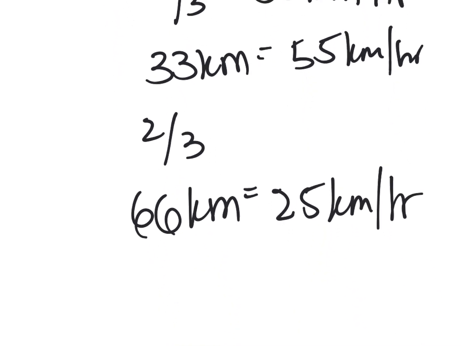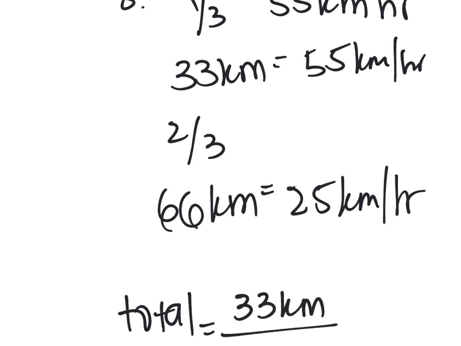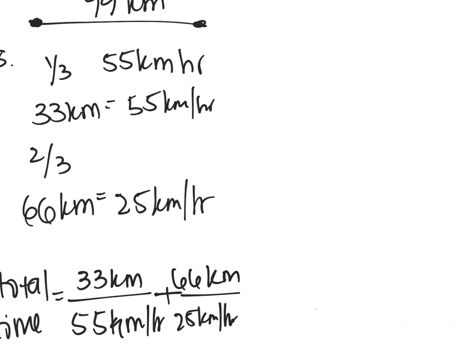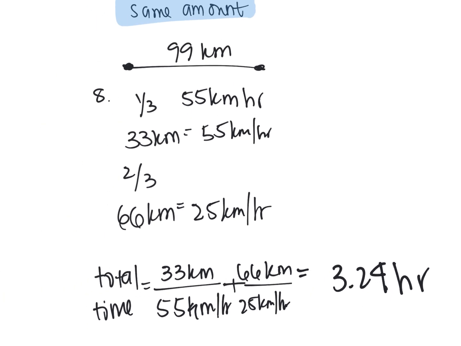So the total time it would take can be solved by taking 33 kilometers at 55 kilometers an hour plus 66 kilometers at 25 kilometers an hour. And if we solve, we get 3.24 hours for us to travel this distance, for us to travel 99 kilometers.